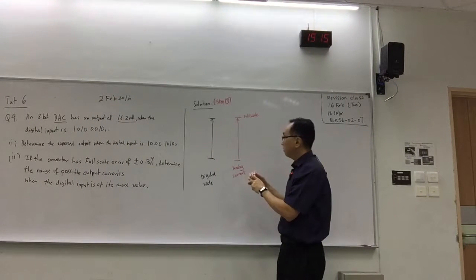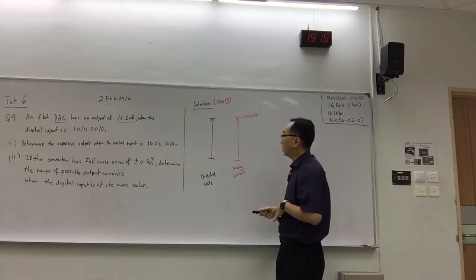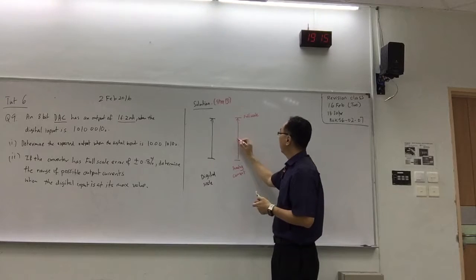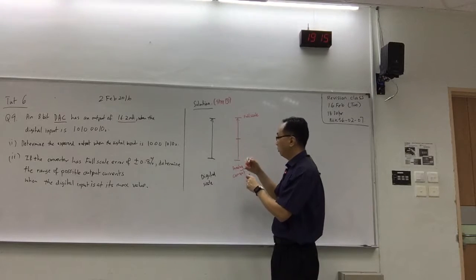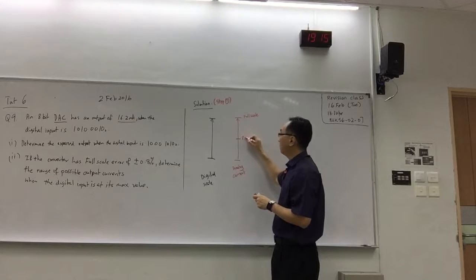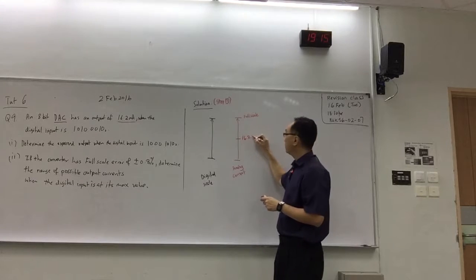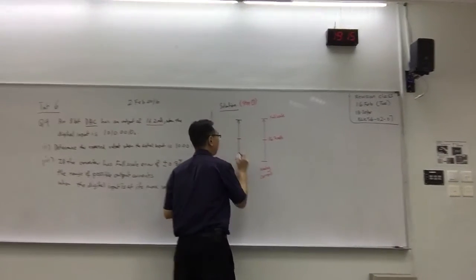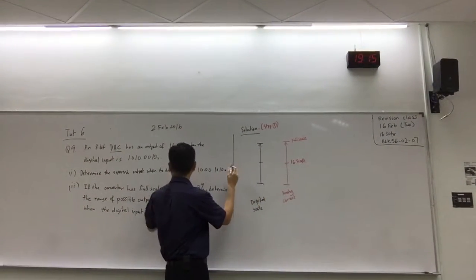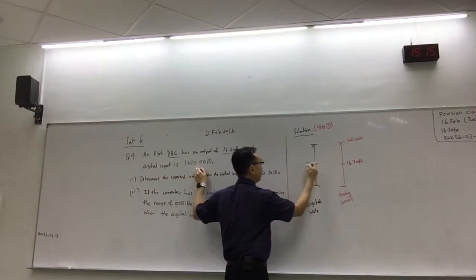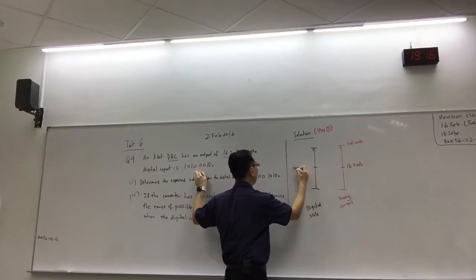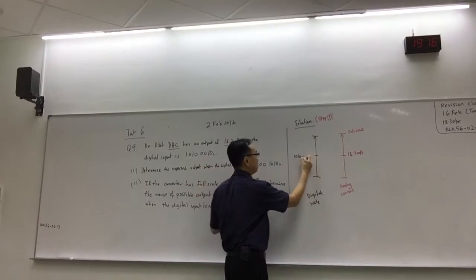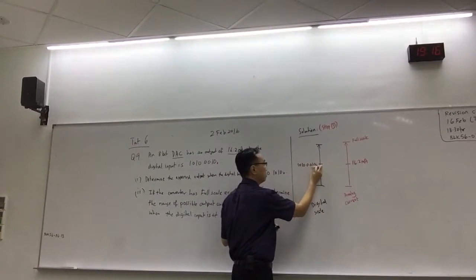Now, first things first, we need to help ourselves. You are given some current, 16.2 milliamps, somewhere here. Now you are given a binary equivalent, which is 10100010 base 2.